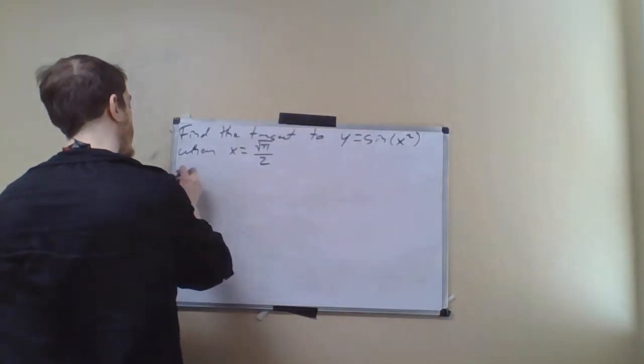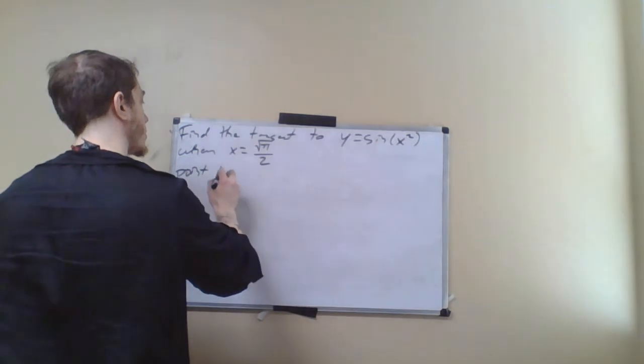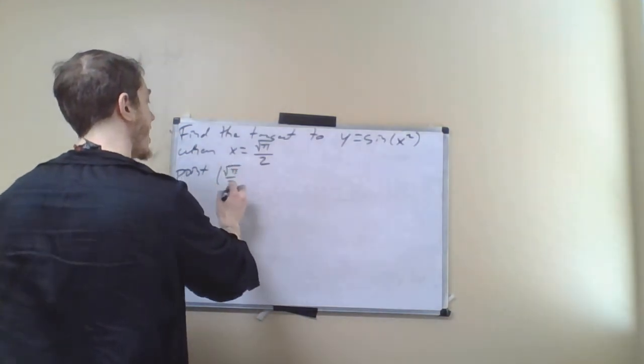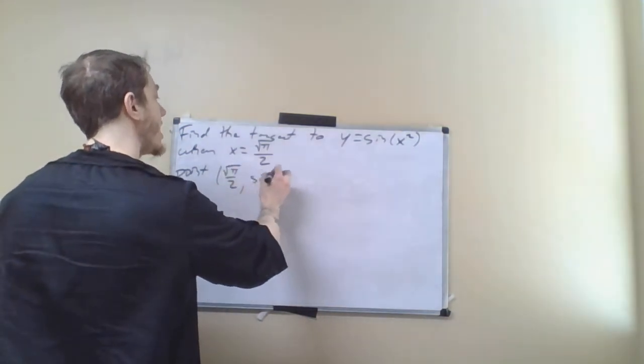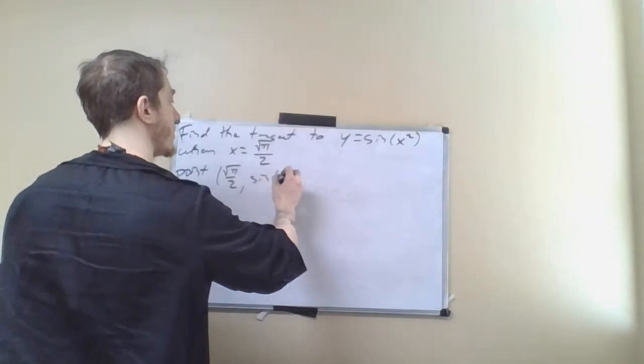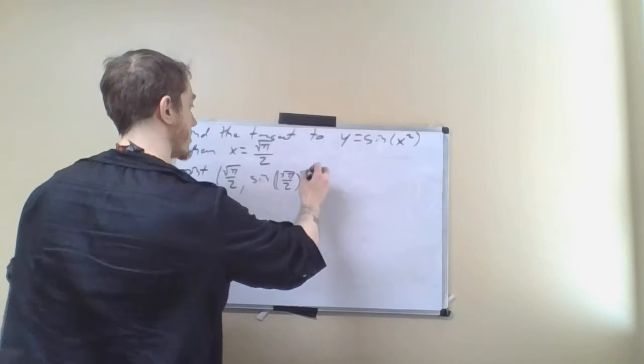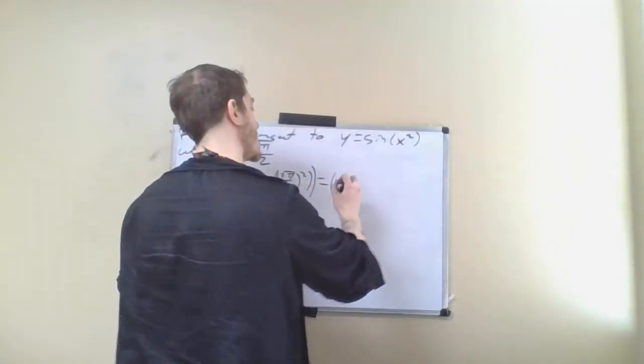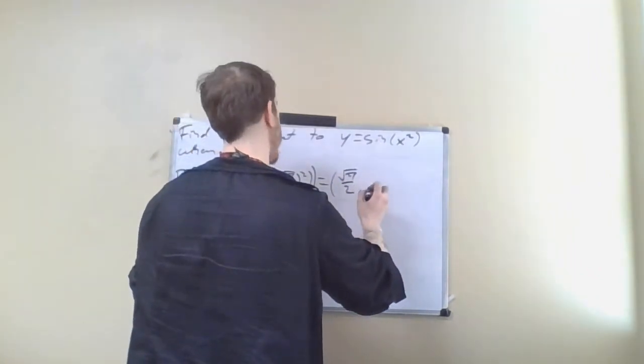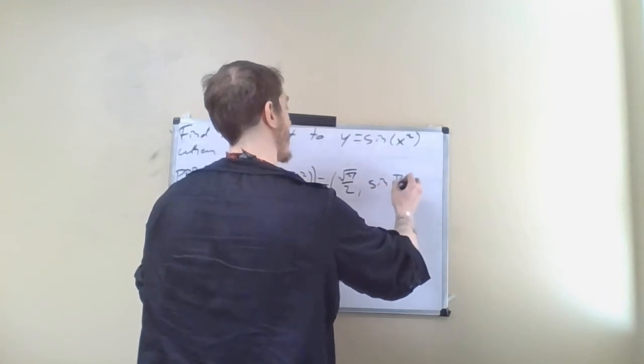Well, we need to find the point first of all. The point is going to have an x-coordinate of radical pi over 2, and then a y-coordinate sine of radical pi over 2 squared. So this is going to be the square root of pi over 2, sine pi over 4.